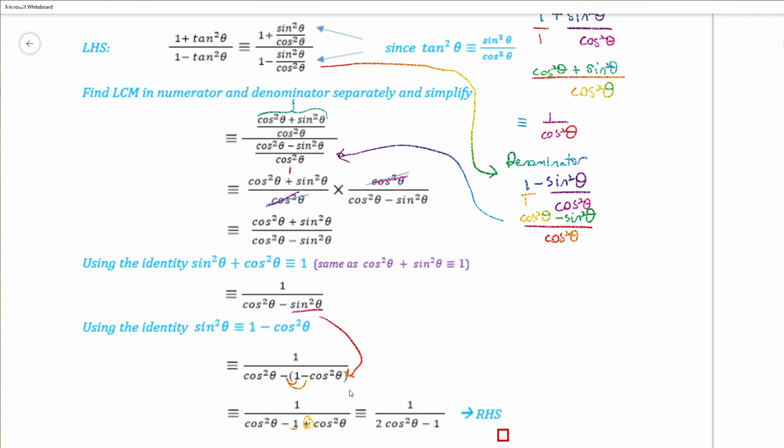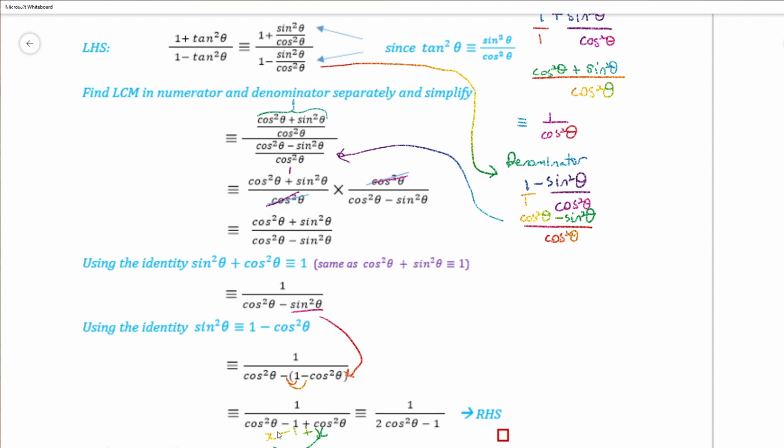Alright, so then from this point we have a cos squared theta in the denominator, cos squared theta minus 1 plus cos squared theta. Alright, this is similar to if I have x minus 1 plus x. That will be simplified to give x plus x, which is 2x minus 1.